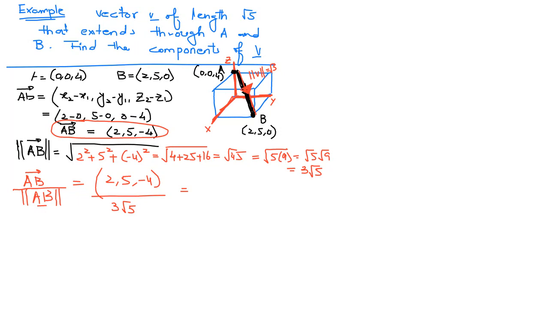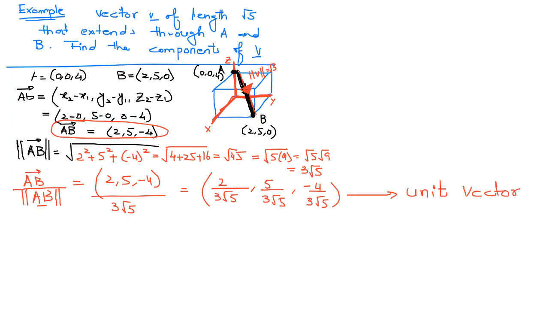So you can write in the component form 2 divided by 3 square root of 5, 5 divided by 3 square root of 5, and minus 4 divided by 3 square root of 5. This is the unit vector. A vector divided by its magnitude is a unit vector, and you can represent this unit vector as u.